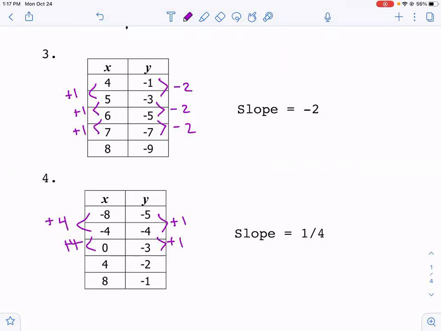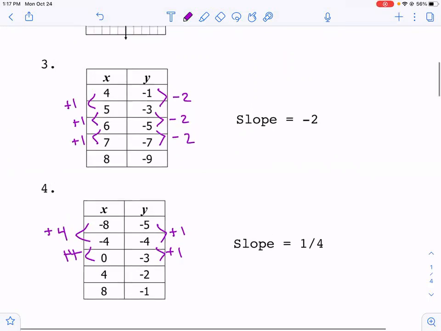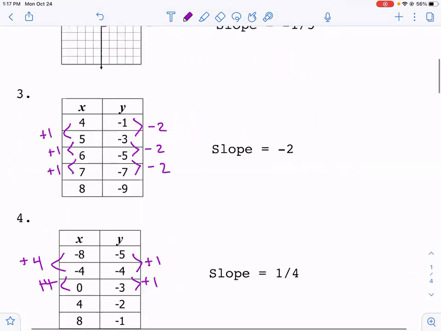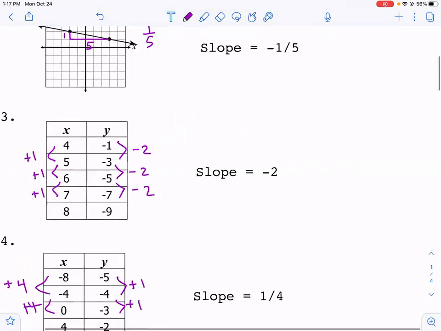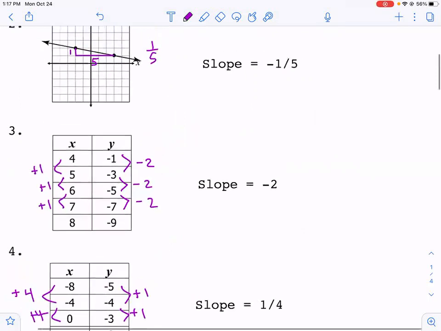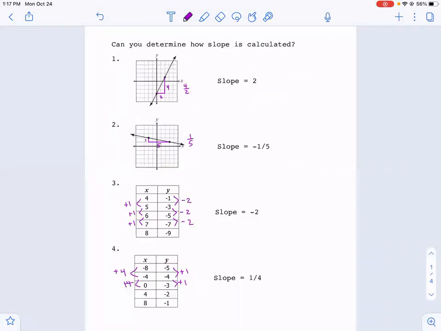So these ones that are fractions, obviously there's some x's and y's that matter, right? These ones that are fractions, what goes in the numerator, the x's or the y's? X is numerator, y is denominator. So look at the 1/5.